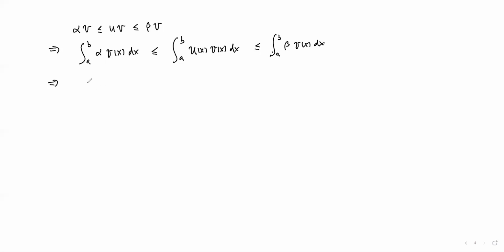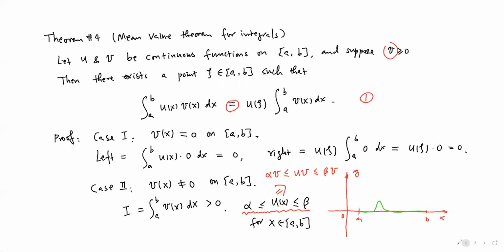Then I get alpha times this integral less than or equal to the integral of UV, less than or equal to beta times the integral. Recall that I use I to denote this integral.